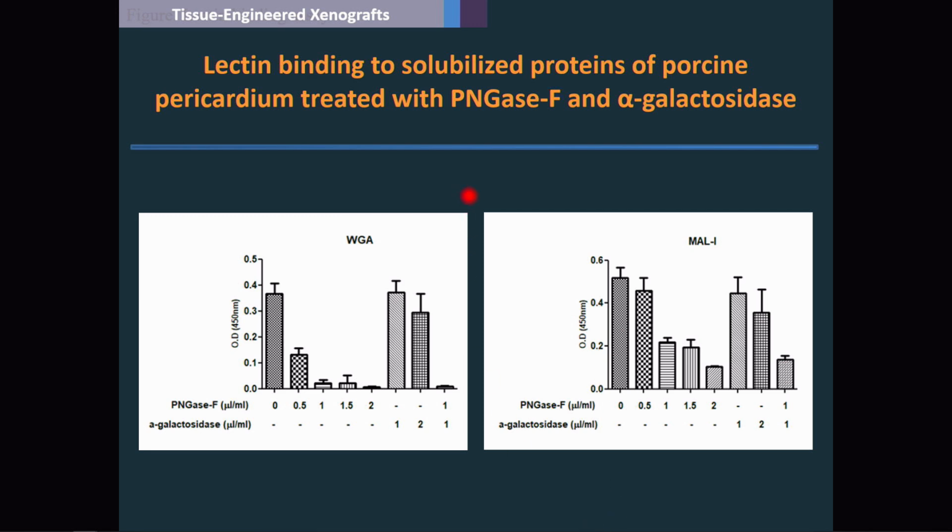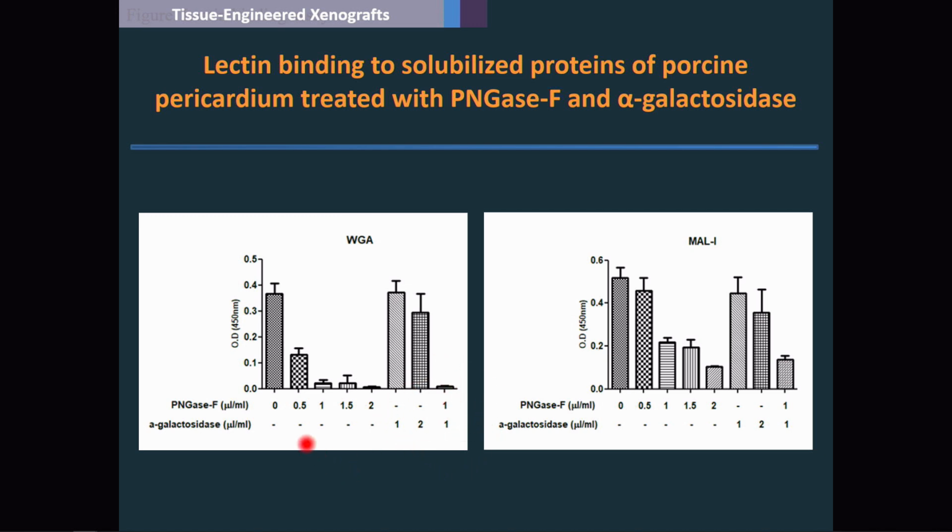And we performed the ELISA study for quantitative analysis. WJ, MAL lectin binding decreased as the PNGF concentration increased, and also as alpha-galactosidase treatment increased.